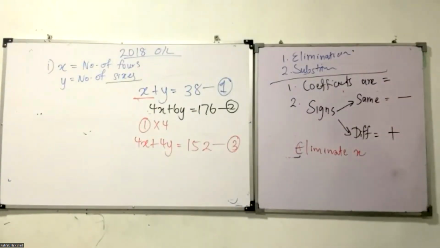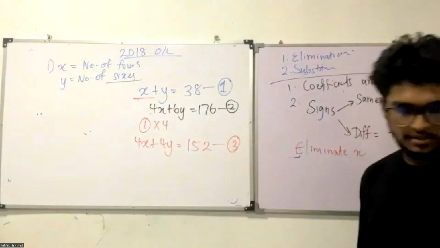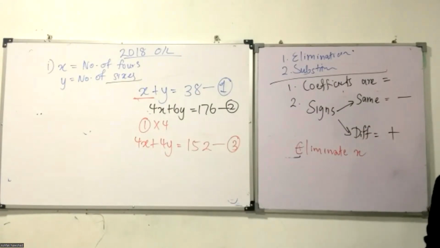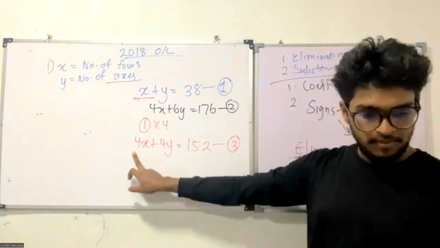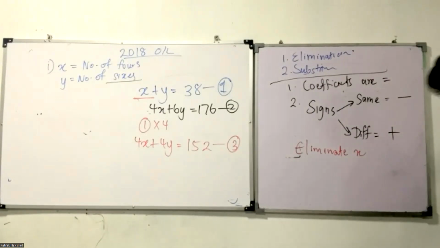Two equations. So now the x coefficients are equal. What should I do? Should I add or subtract? See, the signs are the same. If the signs are the same, I must subtract. That's the rule.